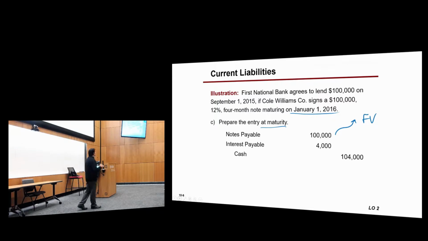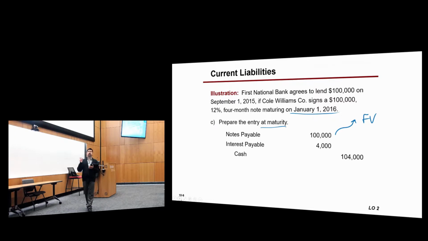So when you're accounting for notes payable, when the note is signed, we debit cash, credit notes payable. This is when you are recording the new liability and the receipt of cash. Later on, if the maturity date is after preparation, you have to recognize the expense.